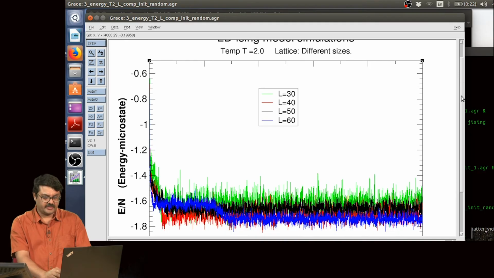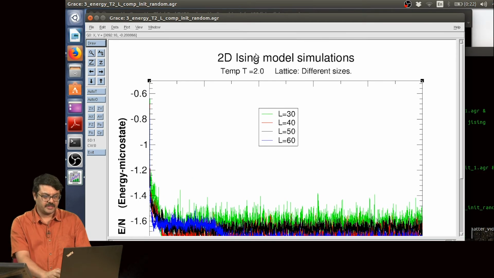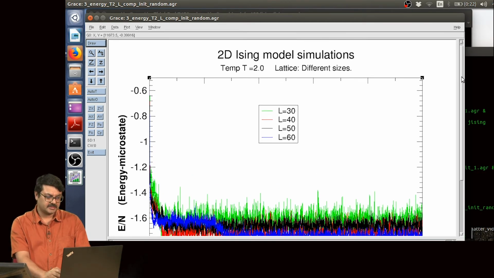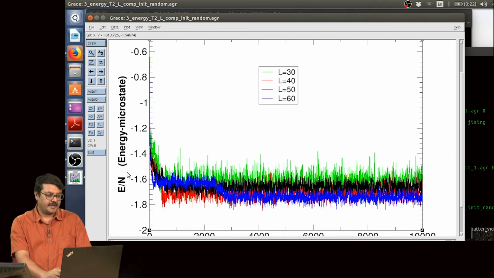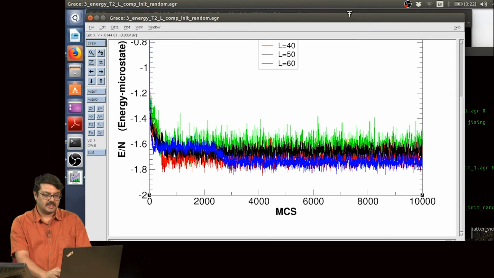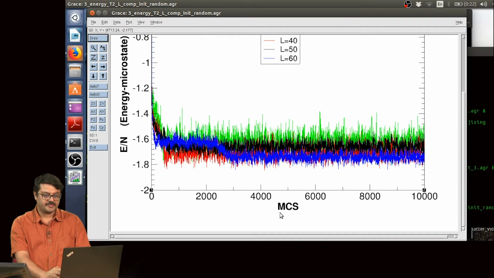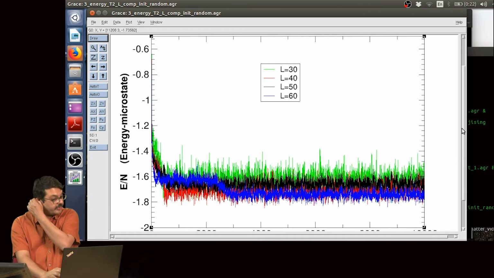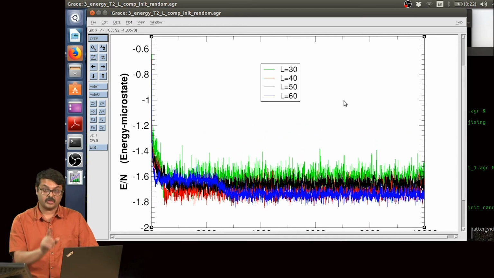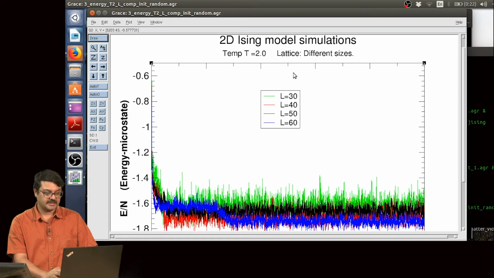Here we are again looking at 2D Ising model simulations, where I am plotting energy per spin versus the number of Monte Carlo steps, MCS, and data is being plotted for L equal to 30. So, box size was 30 cross 30, 40 cross 40, 50 cross 50 and 60 cross 60.